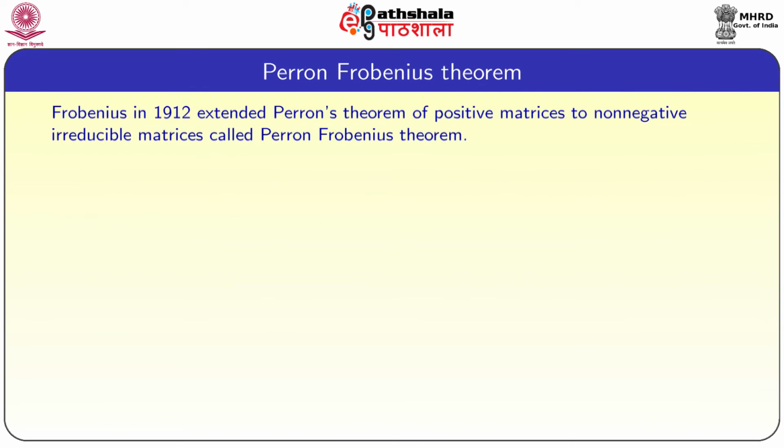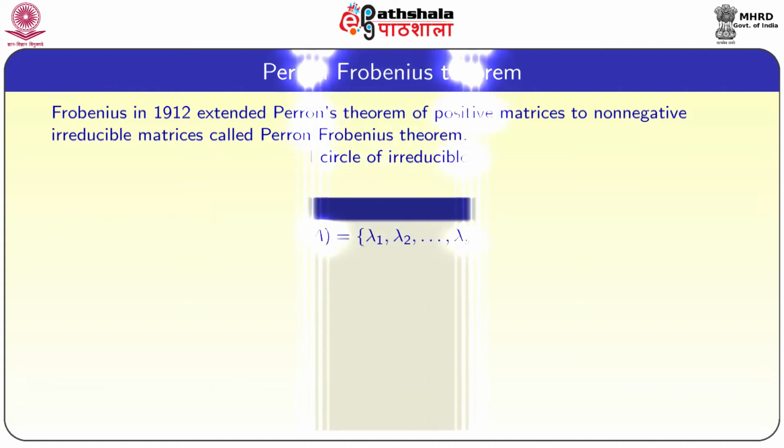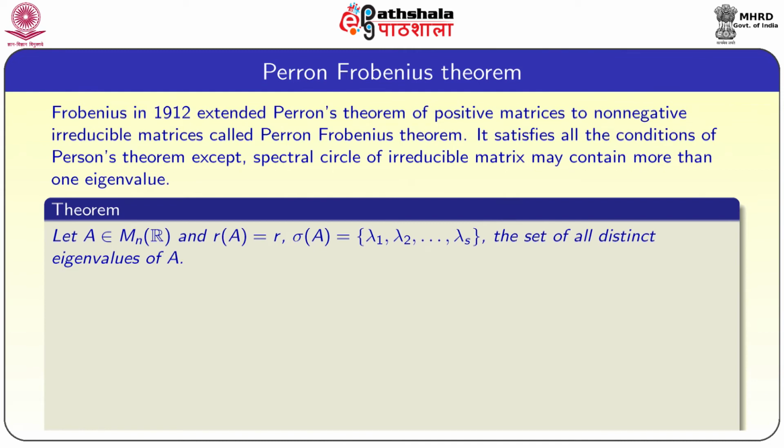Frobenius in 1917 extended Perron's theorem of positive matrices to non-negative irreducible matrices, called the Perron-Frobenius theorem. It satisfies all the conditions of Perron's theorem except that the spectral circle of an irreducible matrix may contain more than one eigenvalue.